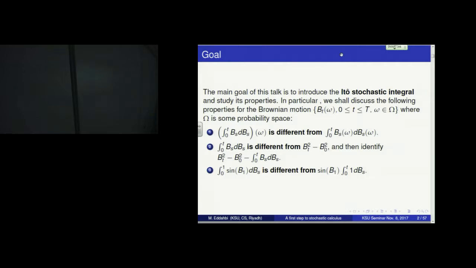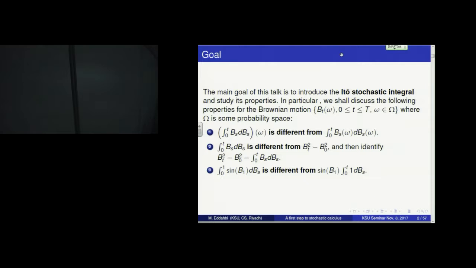And the other thing that we will understand, inshallah, at the end, is that if I integrate sine of B_1 with respect to dB_s, this is different from that one. This means that I cannot take it outside, even though it is constant in time, there is no s here. In another way, this is not defined.